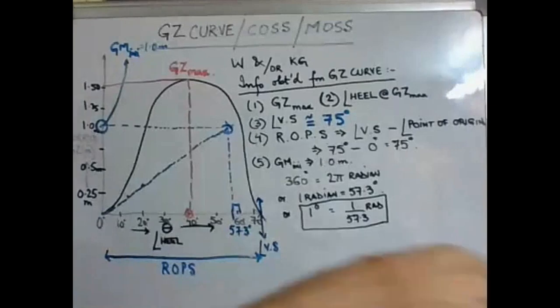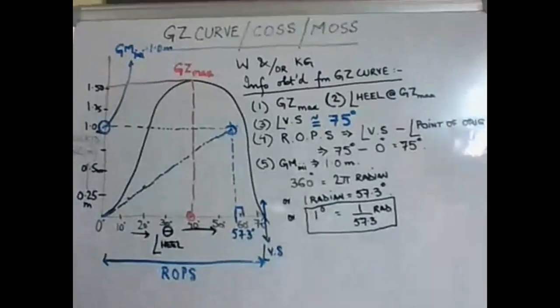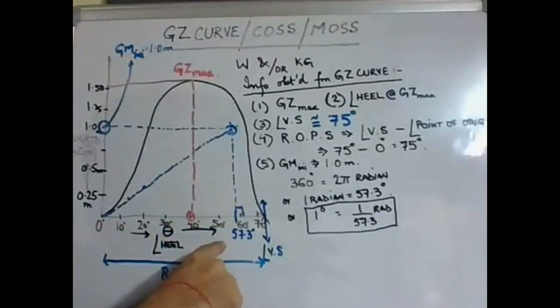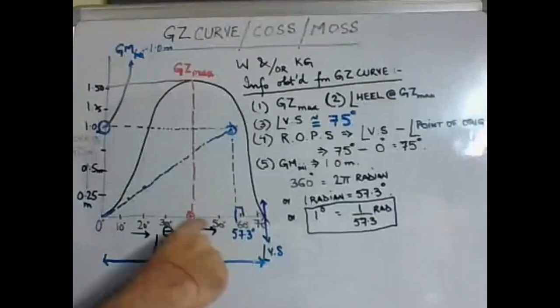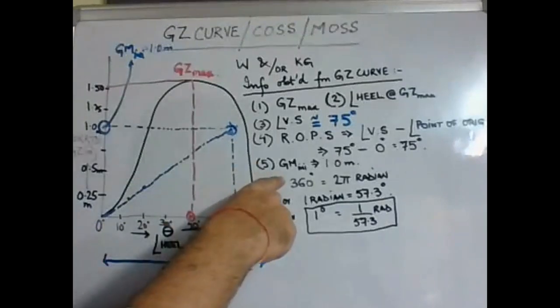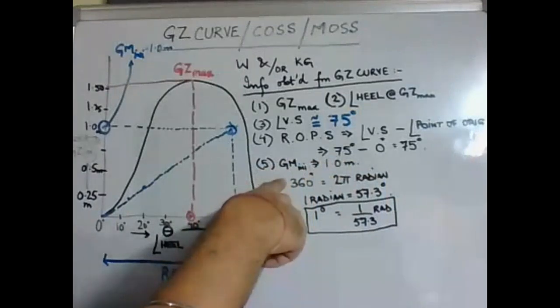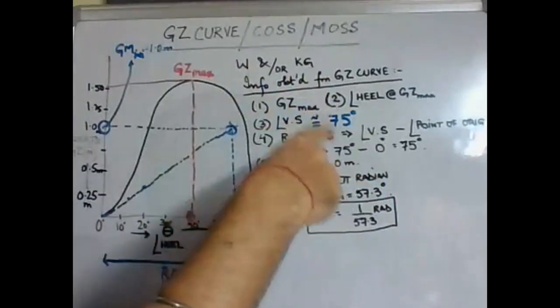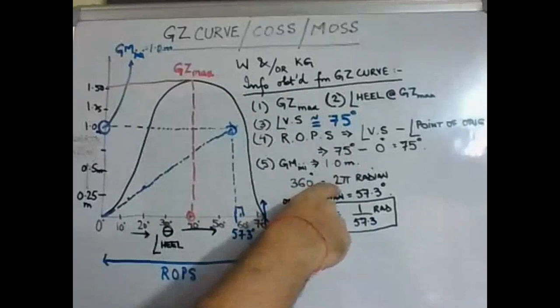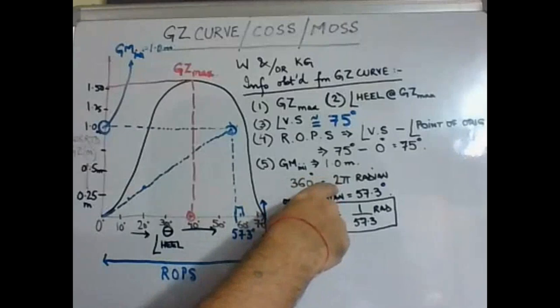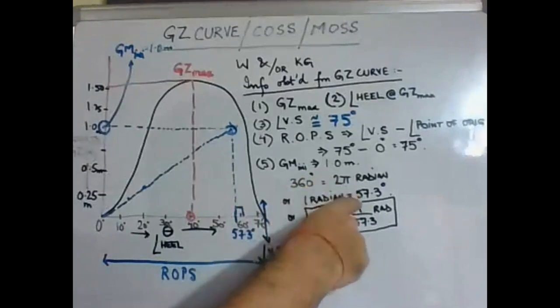See, right now we just have to accept it, because this is in degrees. If you have to convert your degrees to radian, you use this. 360 degrees, a complete circle, is equal to 2 pi radian. So 1 radian is equal to 360 divided by 2 pi, and on your calculator you'll get this value.